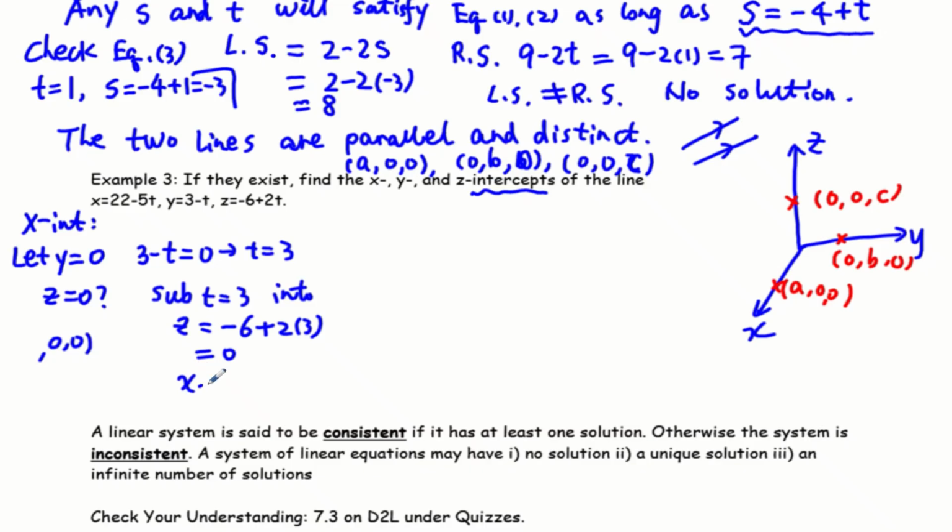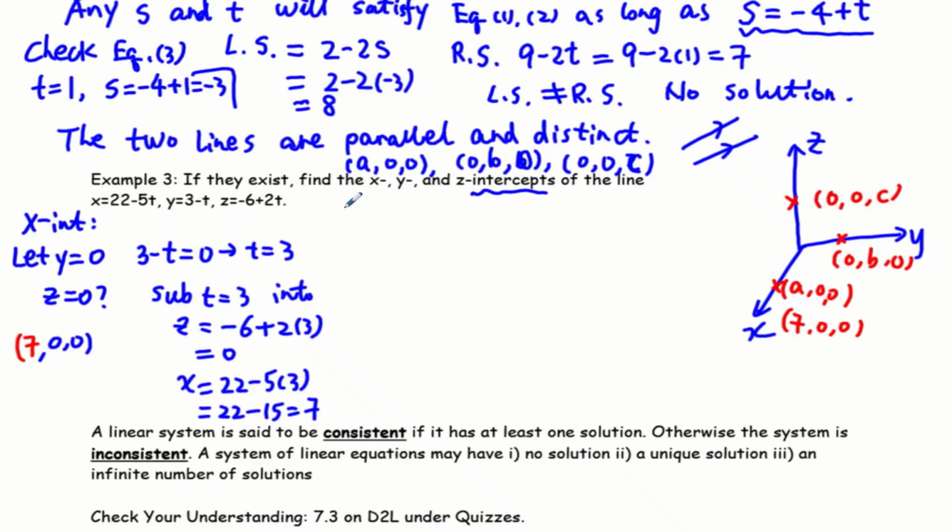So x is 22 minus 5 times 3, which is 22 minus 15, which is 7. So we know that the x-intercept is (7, 0, 0). The line does intersect the x-axis.